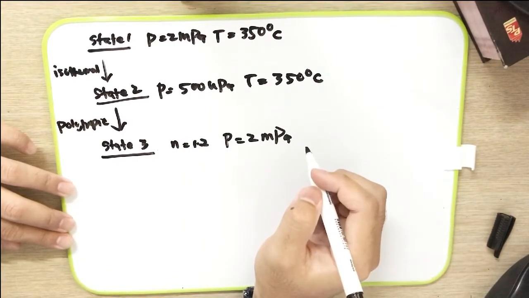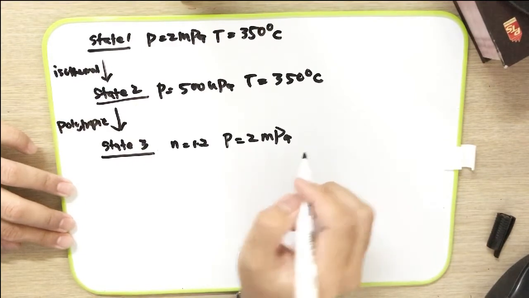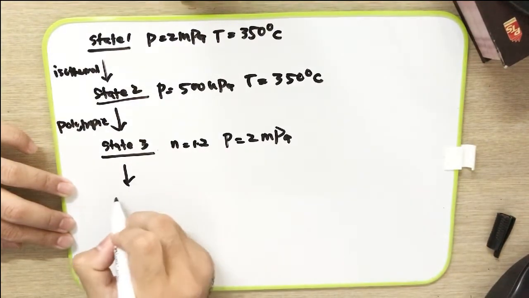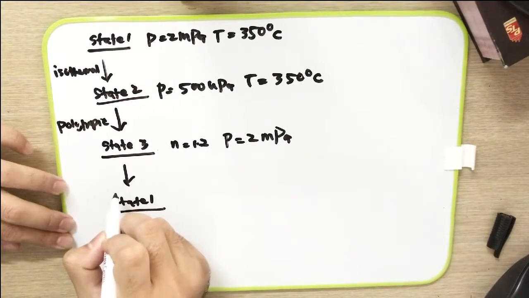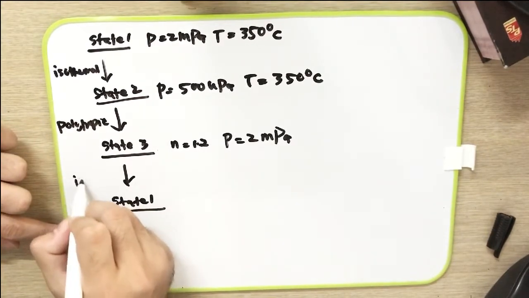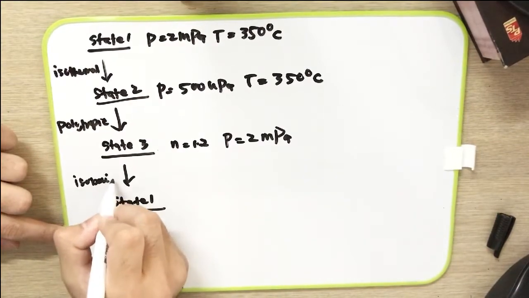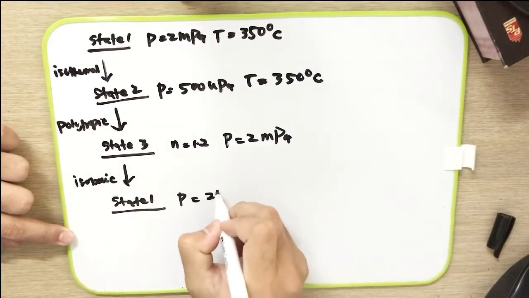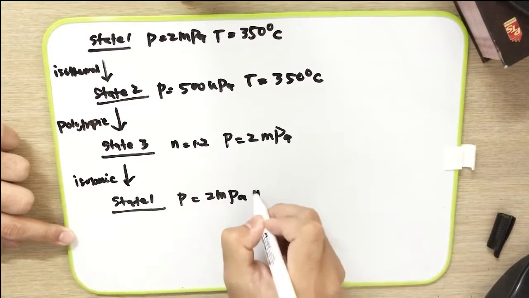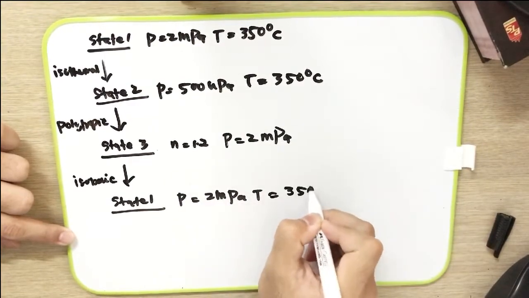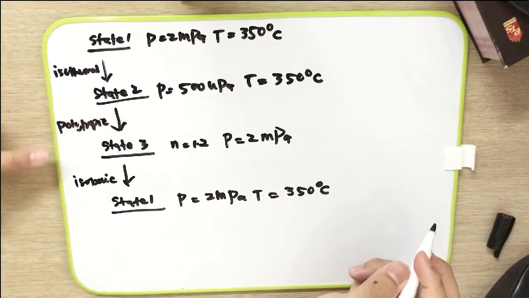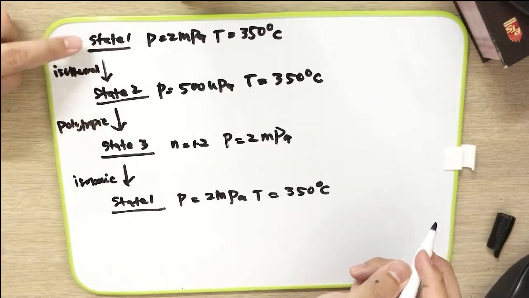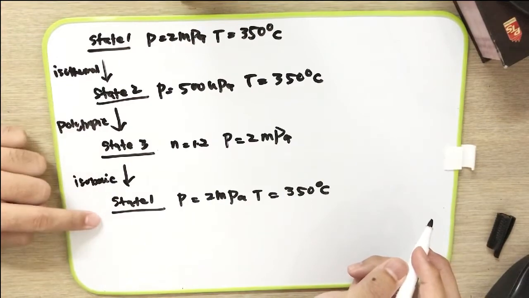Then it is finally compressed at constant pressure to the initial state. So it will be back to state number 1, but this time it happens at constant pressure, which is isobaric. So it becomes the initial state again, which is 2 megapascal and a temperature of 350 degrees C. We can see there are 3 processes, from state 1 until state 3 and back to state 1.